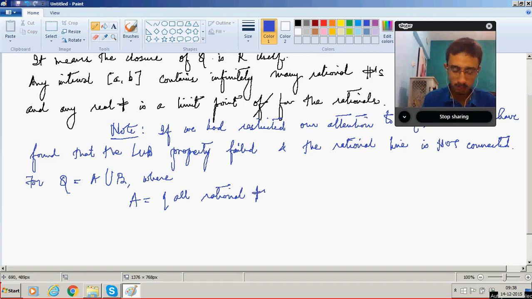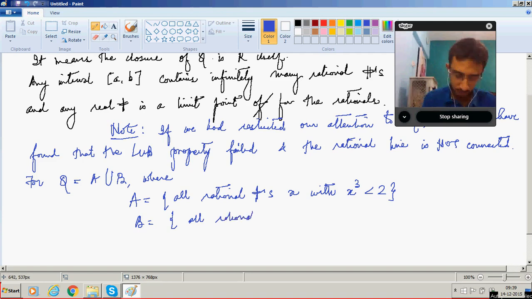A is rational numbers x with x cube less than 2, B equal to all rational numbers with x cube greater than 2.